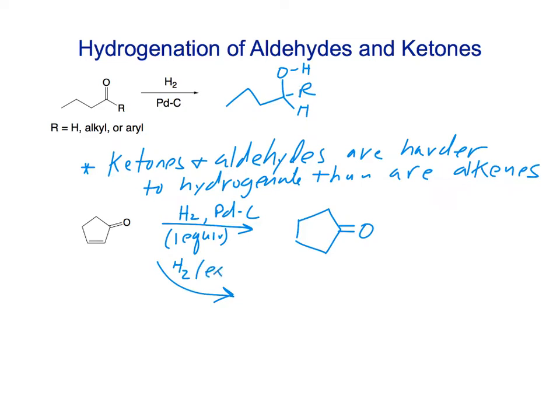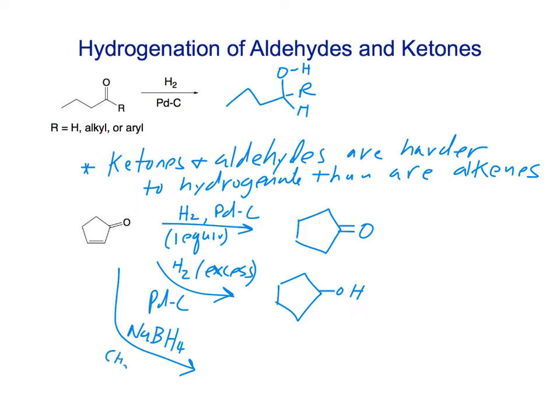H2 excess, palladium on carbon. We just get the secondary alcohol, double bonds hydrogenated as well. If we reduce this system with sodium borohydride, we usually do these in an alcohol like methanol, then only the ketone will be reduced and not the double bond.